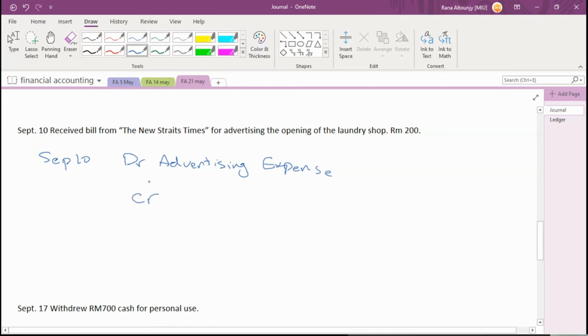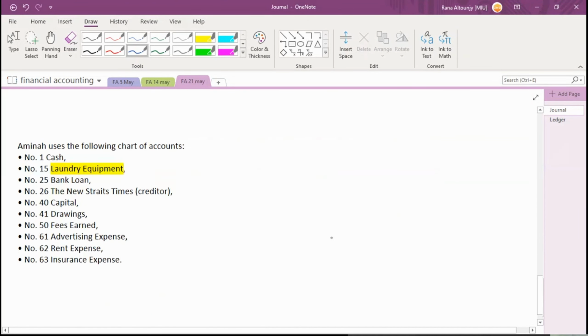Then we have the credit side, which is the New Straits Times, which is a creditor. The amount is 200. From where do we get these account names? From the list of account names, we have advertising expense and New Straits Times creditor. So let's use the names which we have.